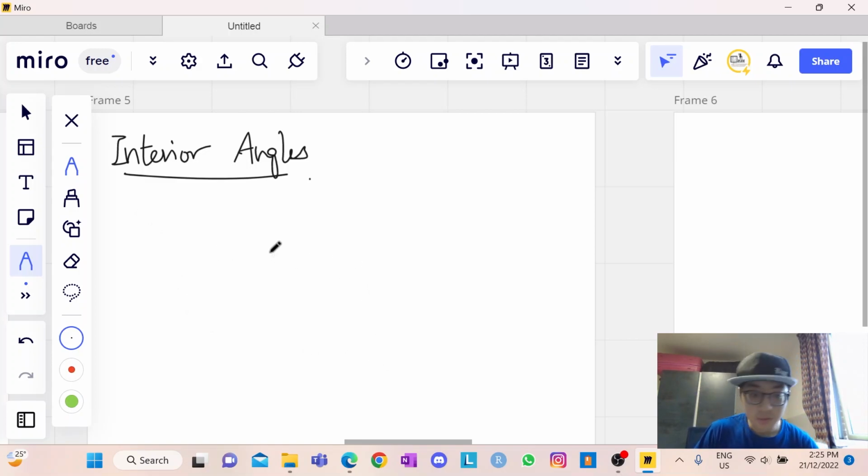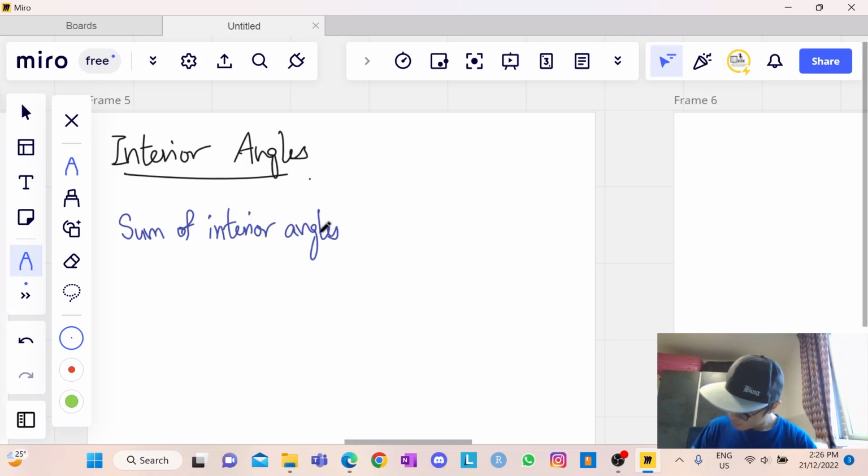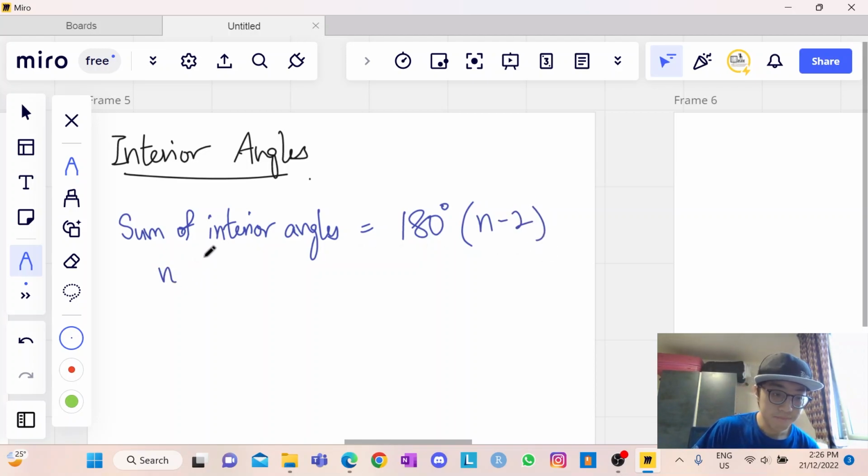We are going to start with a formula. The formula for the sum of interior angles is equal to 180 degrees multiplied by n minus 2, where n is the number of sides of the shape.